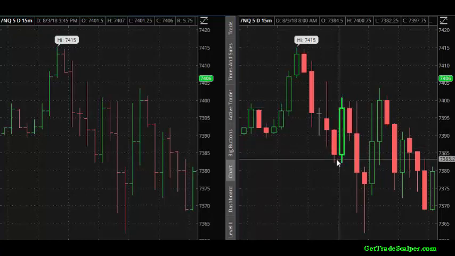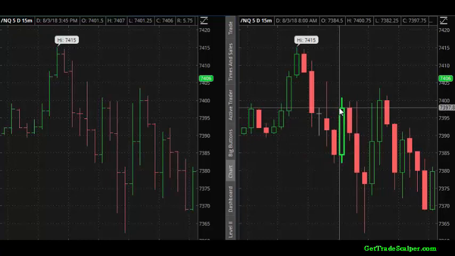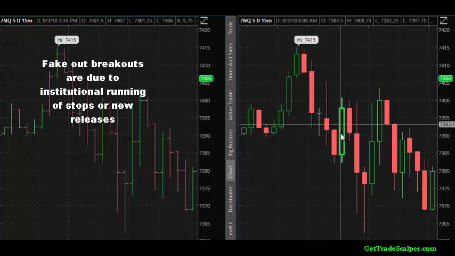So once again here we have a bar that opened where the previous bar closed, and then it closed above the opening price. Now that could be considered a fake out breakout right there.